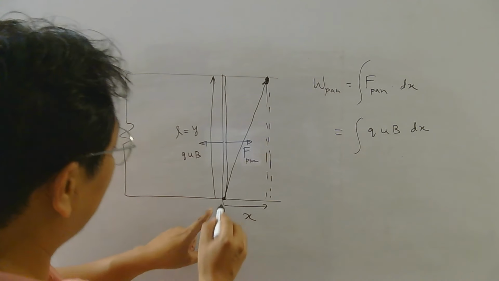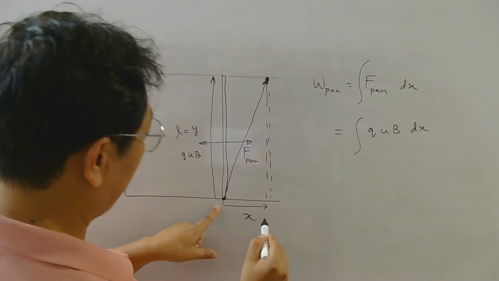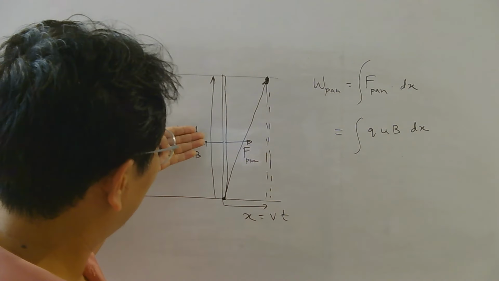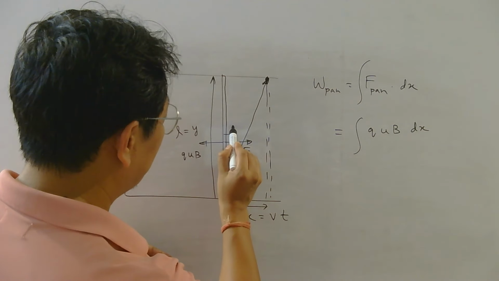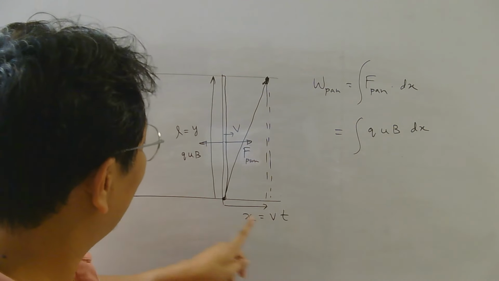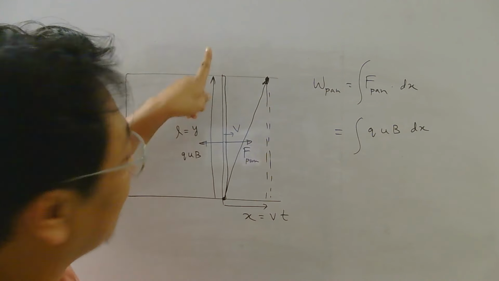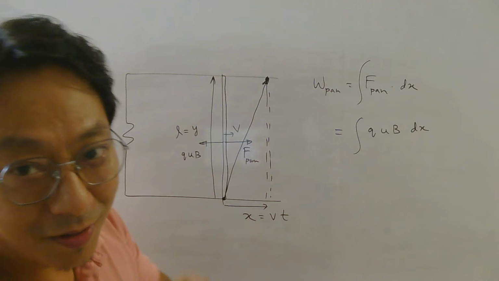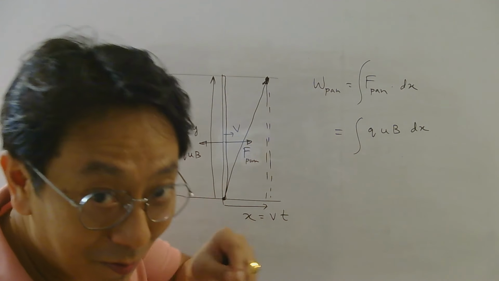So now during the time the charge went from here to here, x will be equal to vt, because remember the rod was moved with velocity v. So this displacement is due to this velocity. Whereas this displacement, which happens along the rod, is due to the velocity given by the flow of current, right?